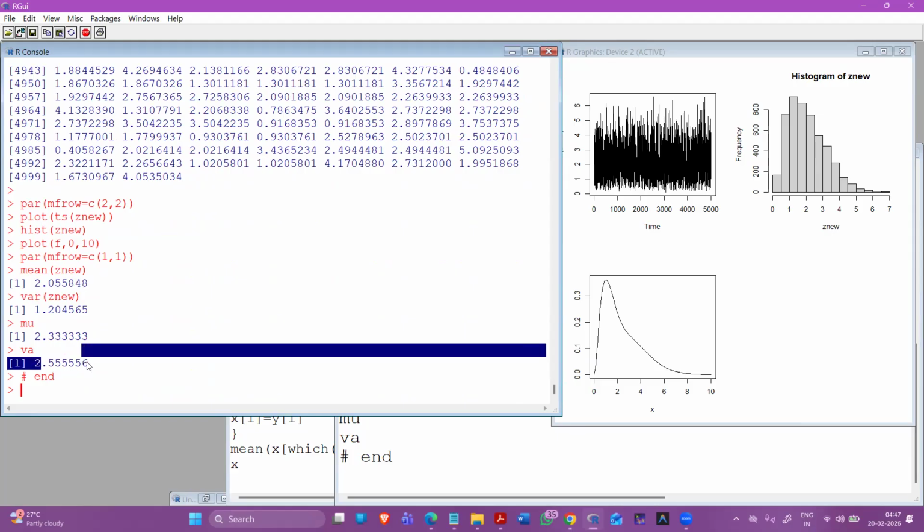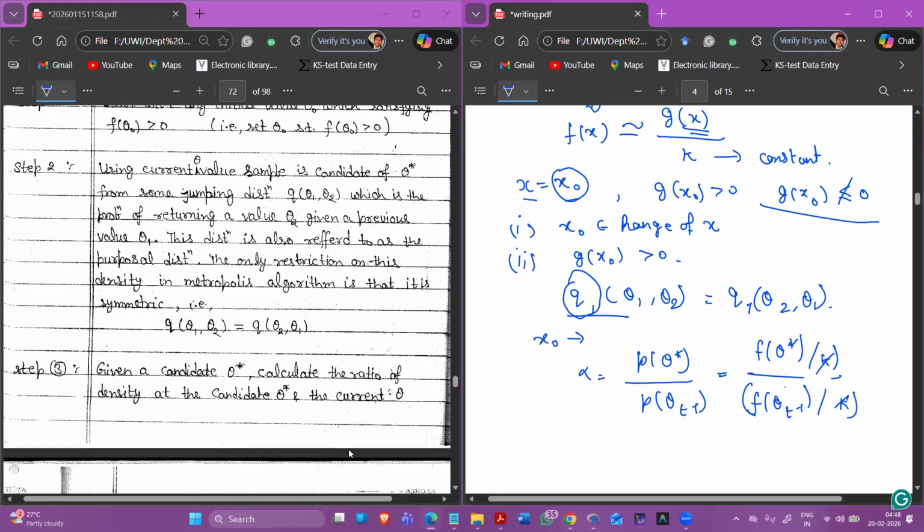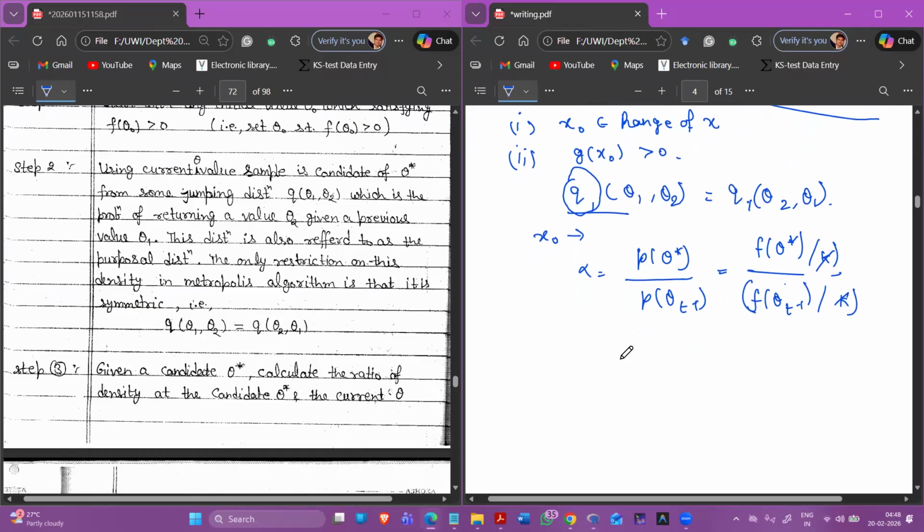Why is it 2.55? Because of the formula. When you use the command var in R, there is a problem. What is the formula of the variance? 1 upon n summation xi minus x bar whole square. That is the formula of the variance, right? Correct.